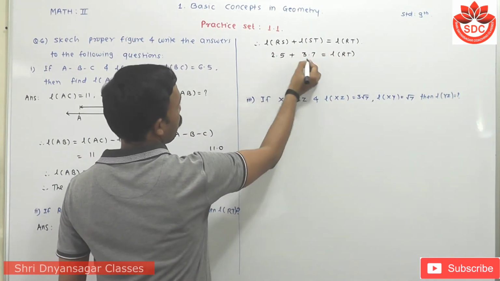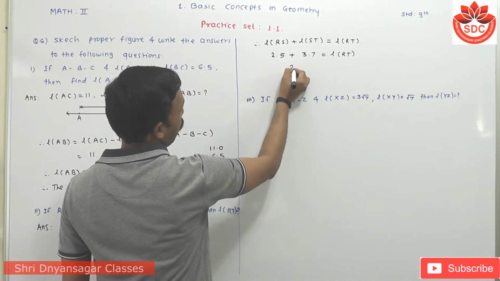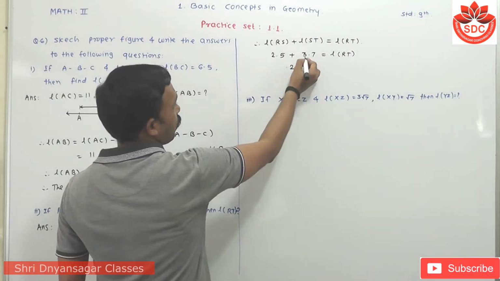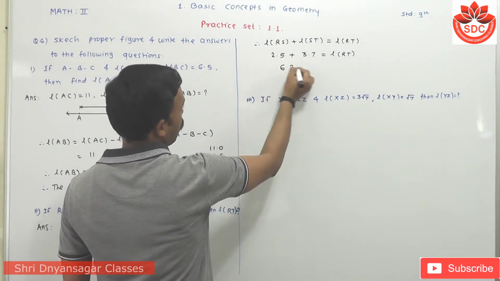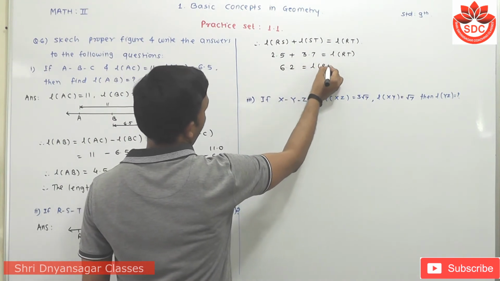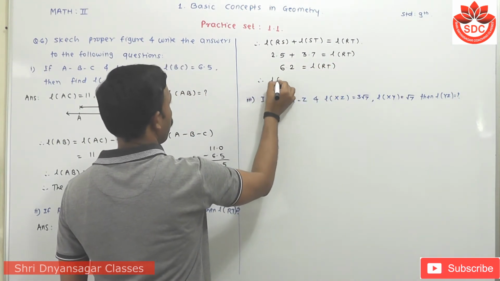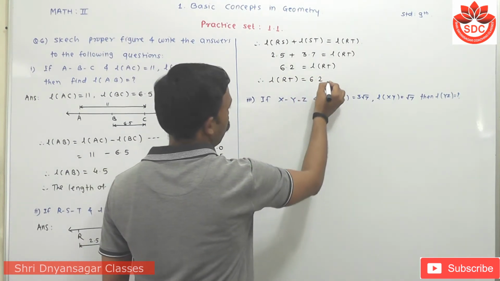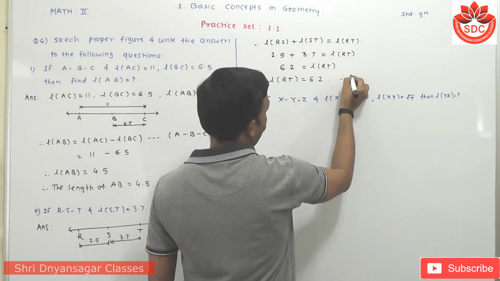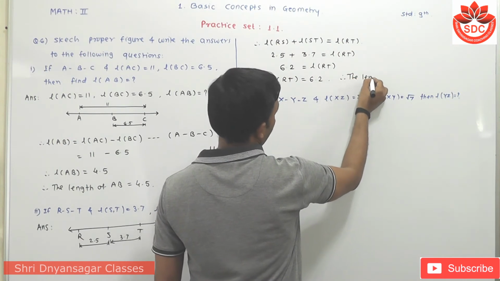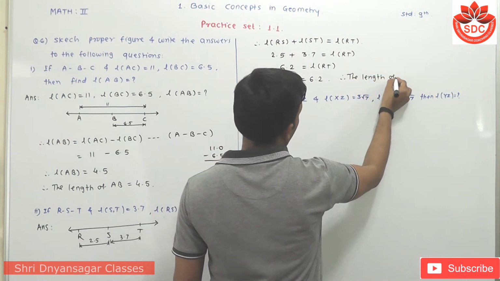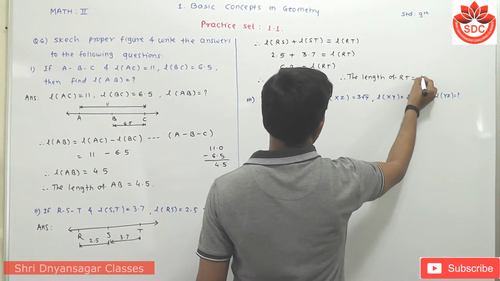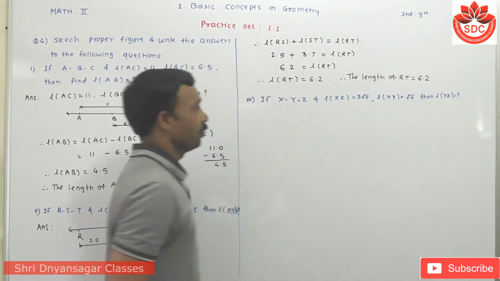This addition becomes 7 plus 5 becomes 12, carry 1, 3 plus 1 is 4 plus 2 is 6, equal to length of RT. Therefore, length of RT is equal to 6.2 units. That is, therefore, the length of RT is equal to 6.2.